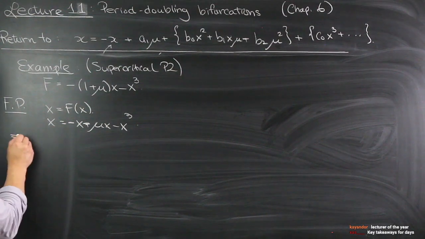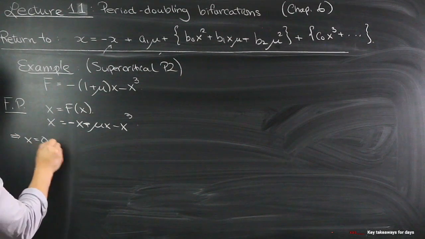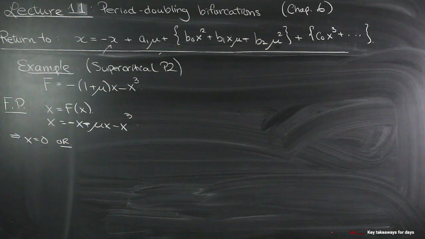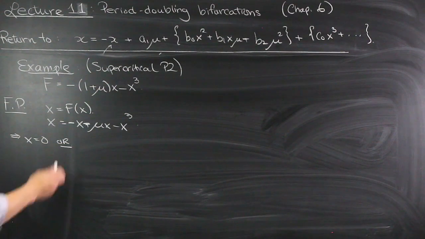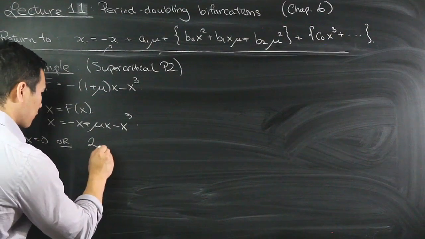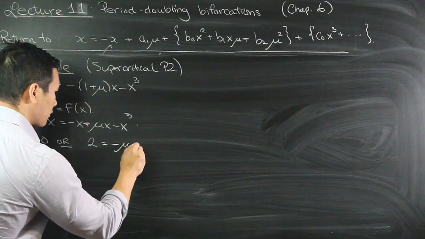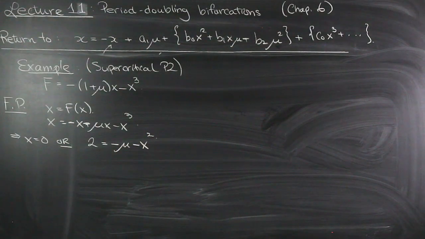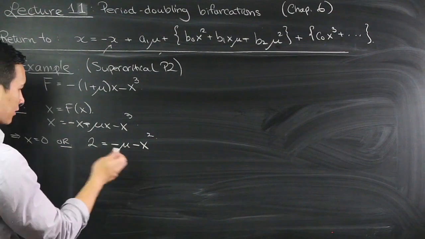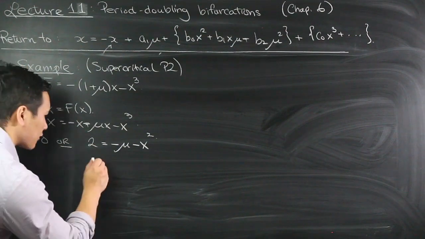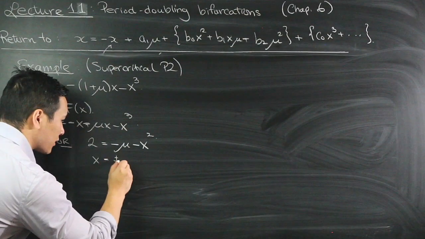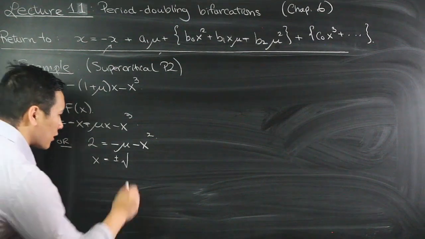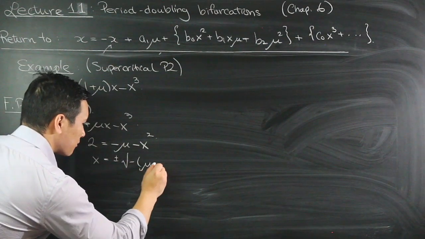So x is equal to 0, or looks like we've got, move this over, we have 2 is equal to minus mu minus x squared. Move the mu over, or move the x over, and then solve for that. So you have x equal to plus or minus the root of minus mu plus 2, like that.